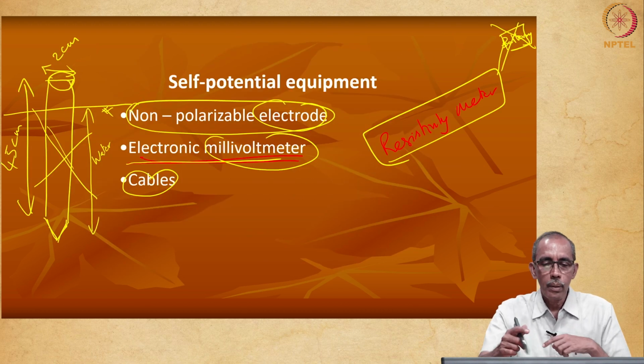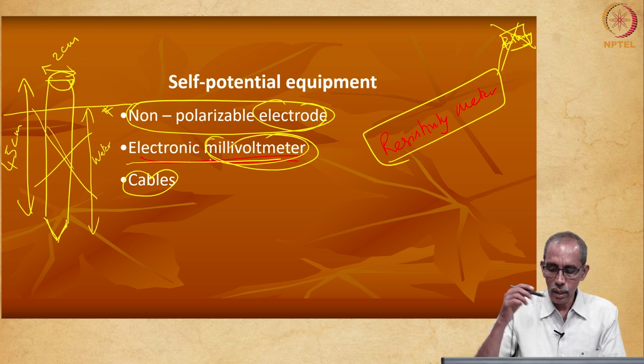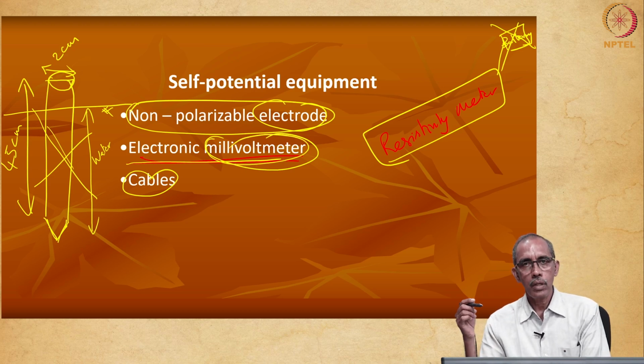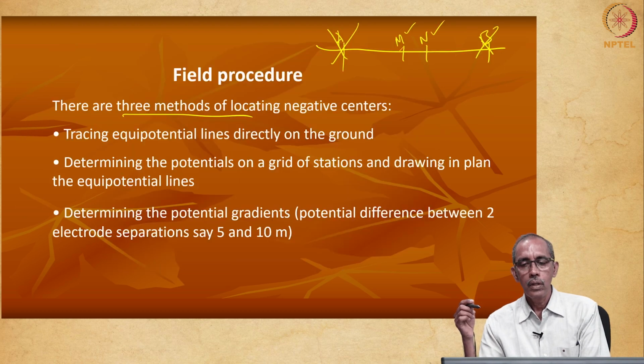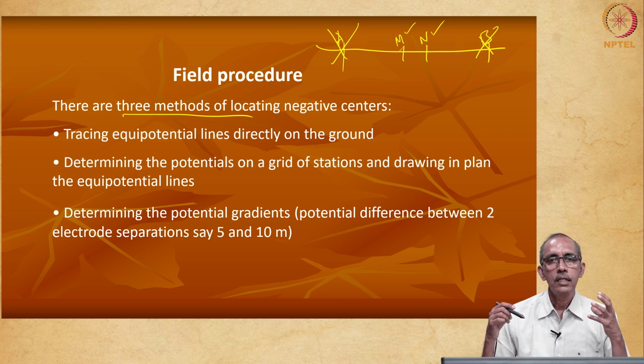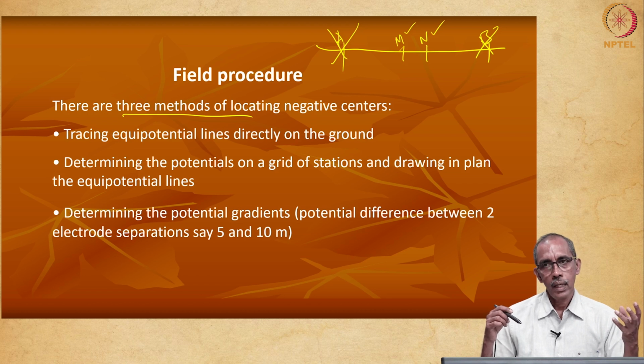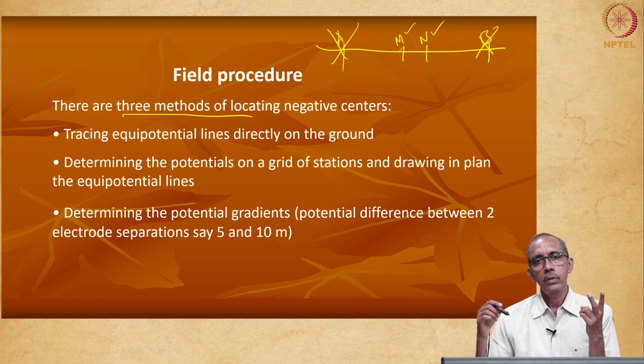Using a voltmeter. That is why this method is the simplest geophysical method. Right at the beginning we said this is the simplest geophysical method. So, here we are making use of just 2 electrodes to measure the cell potential.